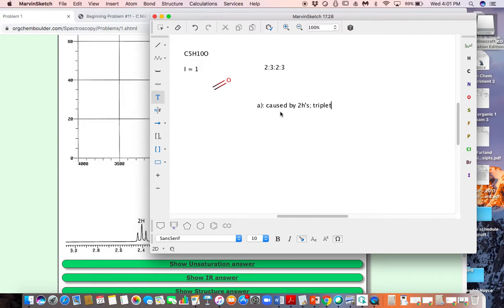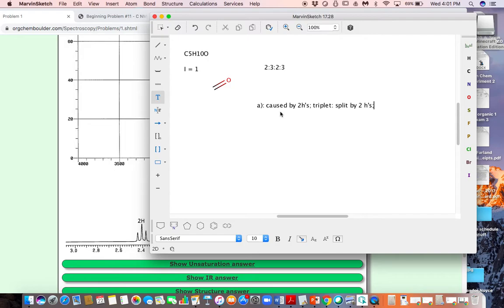So if this signal A is split into a triplet, that means it's next to 2 other hydrogens that are non-equivalent. So I'm going to say it's split by 2 H's that are maybe neighbors or right next door.